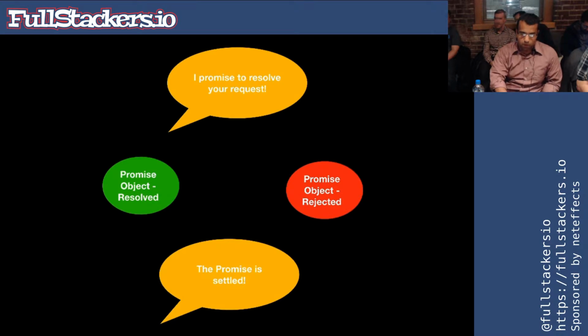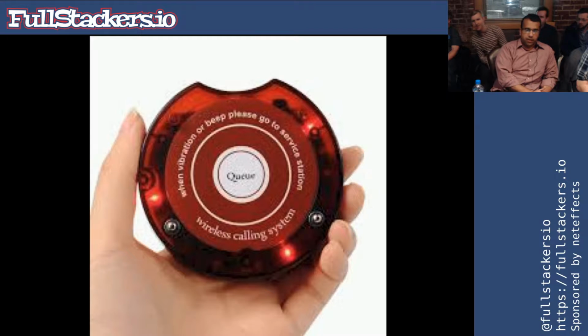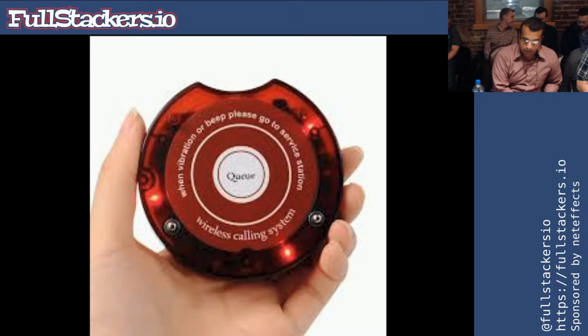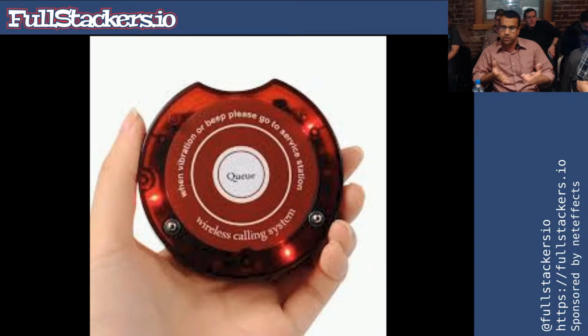And then one more analogy is when you go to a restaurant, you're expecting to get a table. Sometimes the result you want is a table, but sometimes instead of a table, you get one of these buzzer things. Think of that buzzer as a promise. You're handed the buzzer, and the expectation is you're going to get the result of a table eventually, at some point.